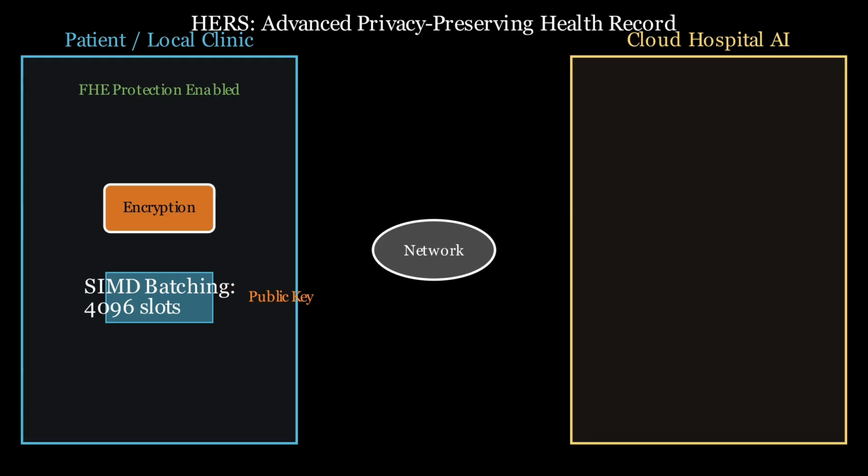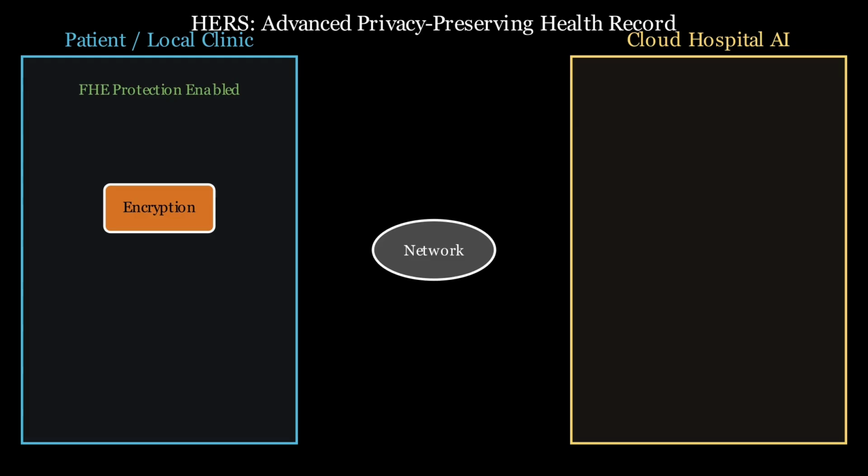However, to enable homomorphic operations, HERS relies on lattice-based cryptography, specifically the ring learning with errors, or ring LWE, mathematical assumption. This not only allows for computation on encrypted data but also inherently provides robust post-quantum security against future quantum computing attacks.